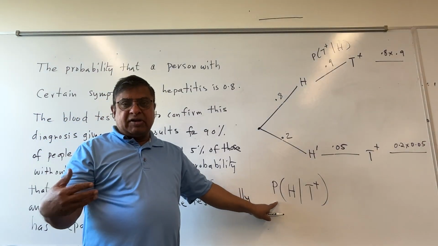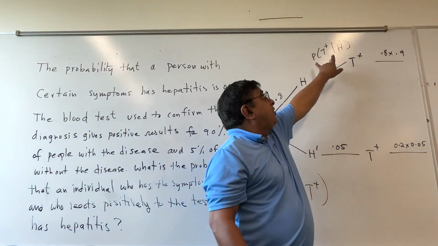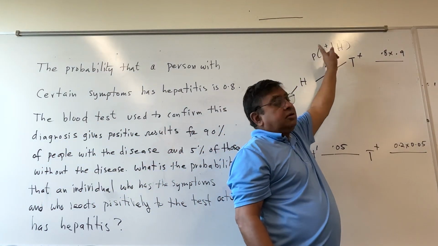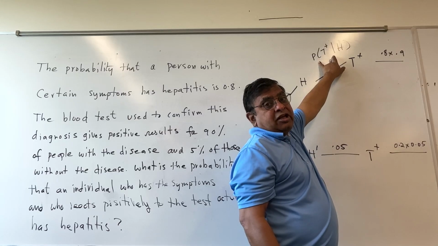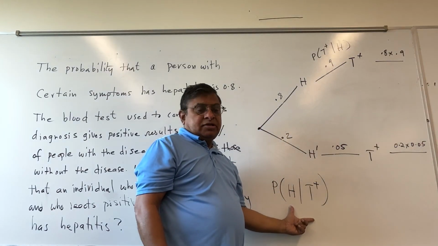As I mentioned in my previous videos, Bayes' theorem is usually used to find the opposite of what you have here. So if it's given P of T plus given H, they will ask you to compute H given T plus.